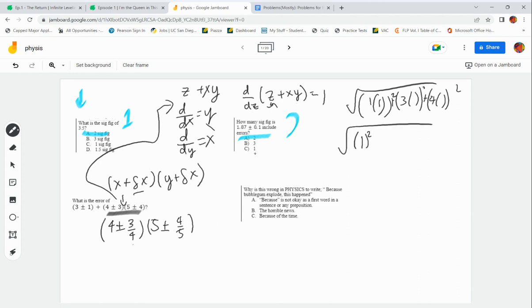I forgot to write the square here. Plus or minus. Over here would be y because that's the partial derivative of x. So what's y again? 5. So that's 15 squared plus 4 times x, which is 3, so it's 12 squared.